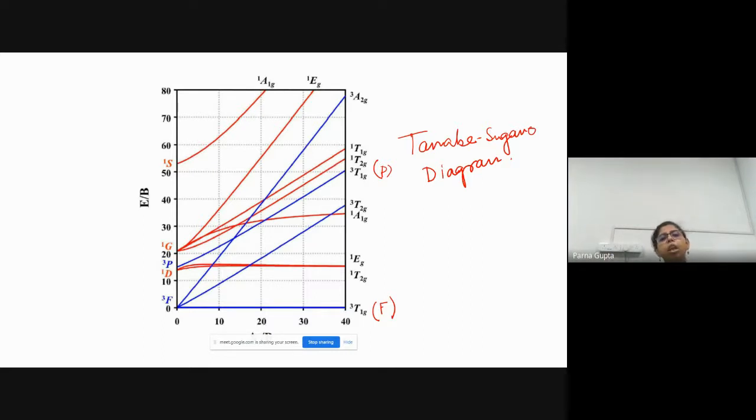We are only interested in these blue colored states, and the transitions among them from the lower to the higher will give you the spectra. There may be some small broken things, that is for the symmetry and all these things that we will take care of. So today I end there.